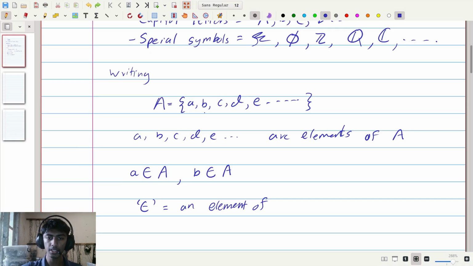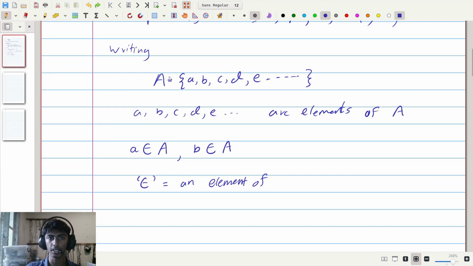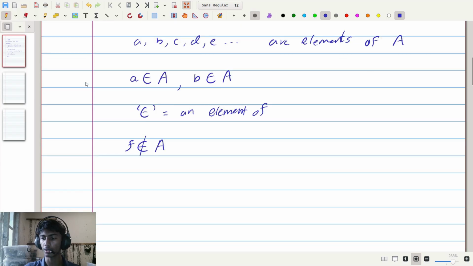Similarly, if we have a symbol that's not inside our set, let's say this set A ends here, and all we have are these 5 elements, A, B, C, D, and E. If we take F, we can clearly see F is not an element of A. So the way we write this is to write F is not an element of A. In this case, this symbol represents not an element of.